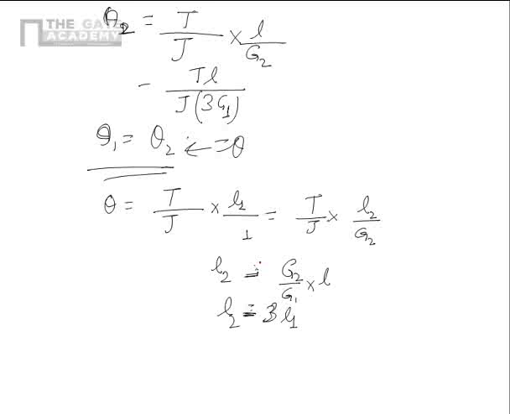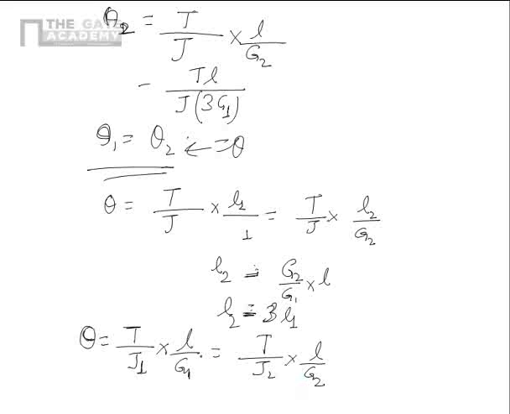Now let's see if we keep the length constant but change the radius. In that case, theta is equal to T upon J1 multiplied by L upon G1, equal to T upon J2 multiplied by L upon G2.